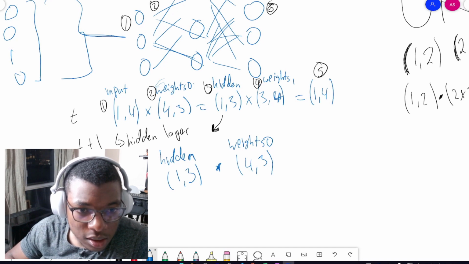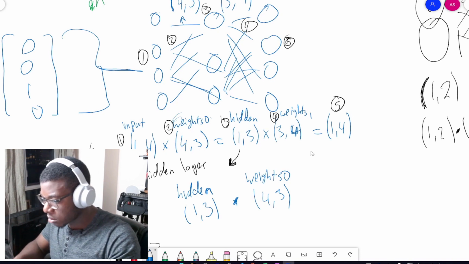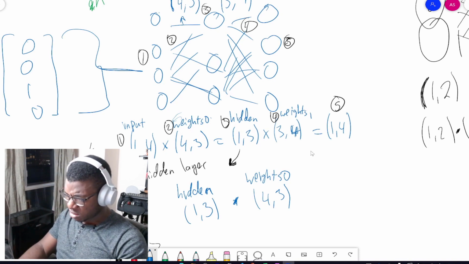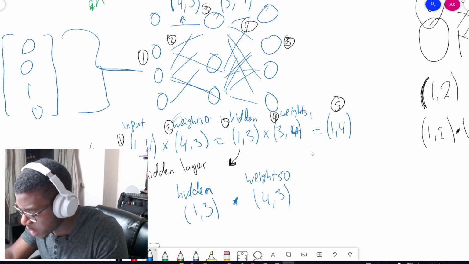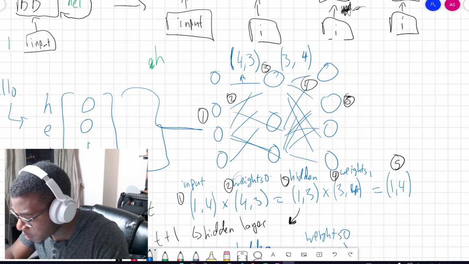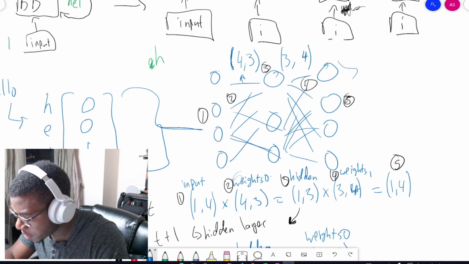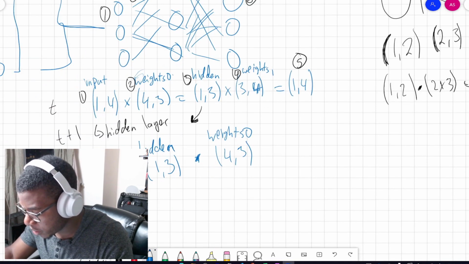Oh, okay, no, I think I see. You know what I missed? Okay, so maybe this is actually not the best way to draw a recurrent neural network.